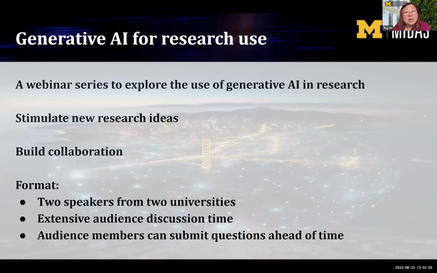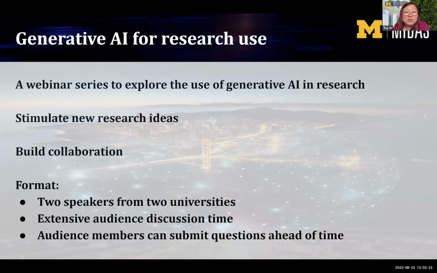So the goal really is to show the research community what some of the pioneers in this area are working on as examples for everyone to stimulate new ideas and to also build collaboration while we're all exploring this new space together. This series has 4 webinars.